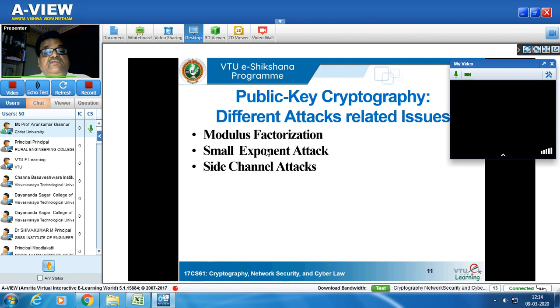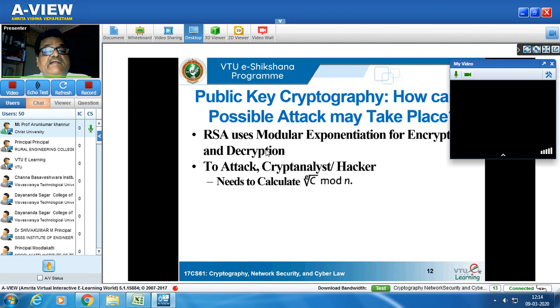So these issues, if we do not address properly, then the security that we provide for the message will not be of higher order, and the very public key cryptography is at stake. So we attempt to give higher order security for the message that is getting exchanged.